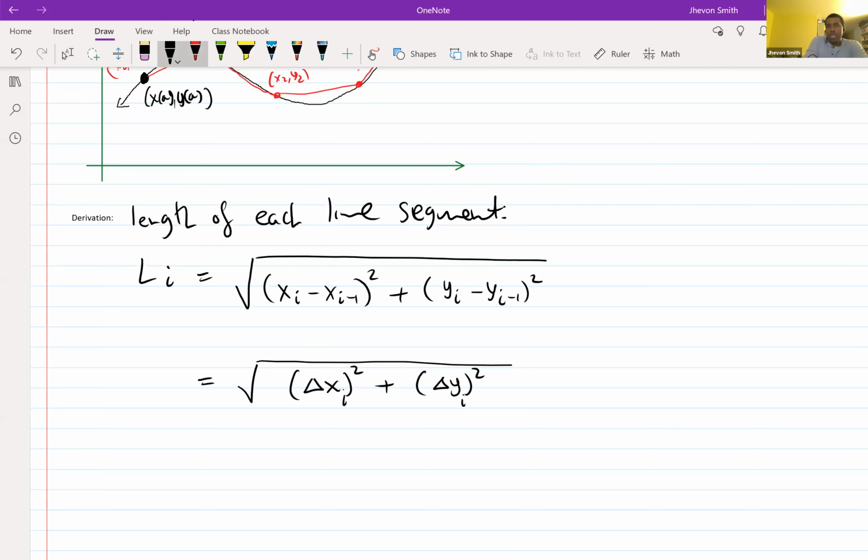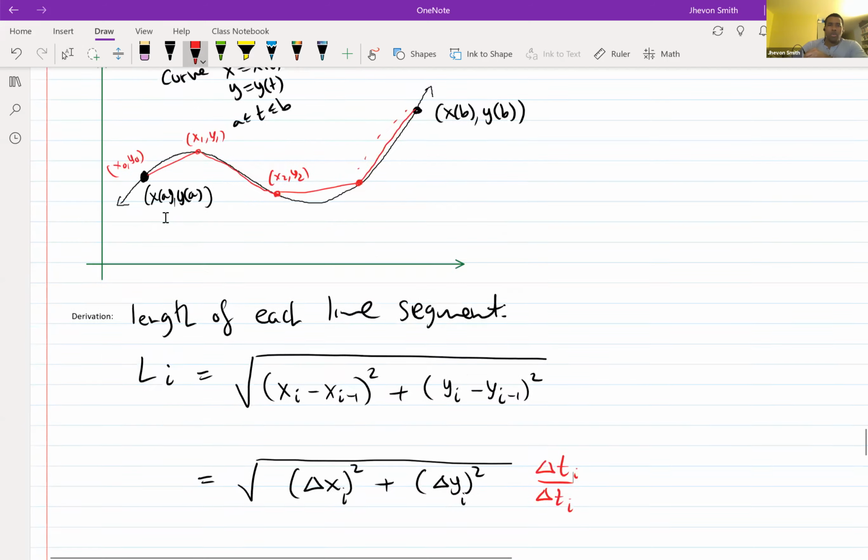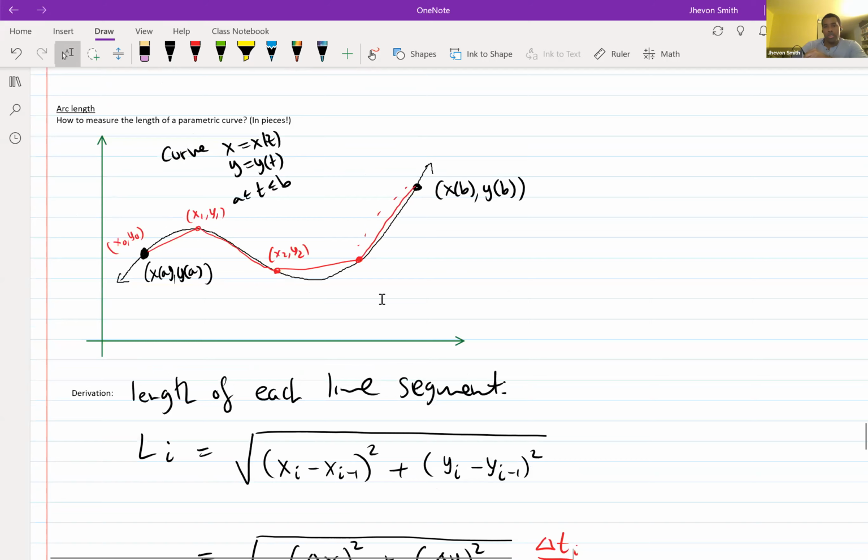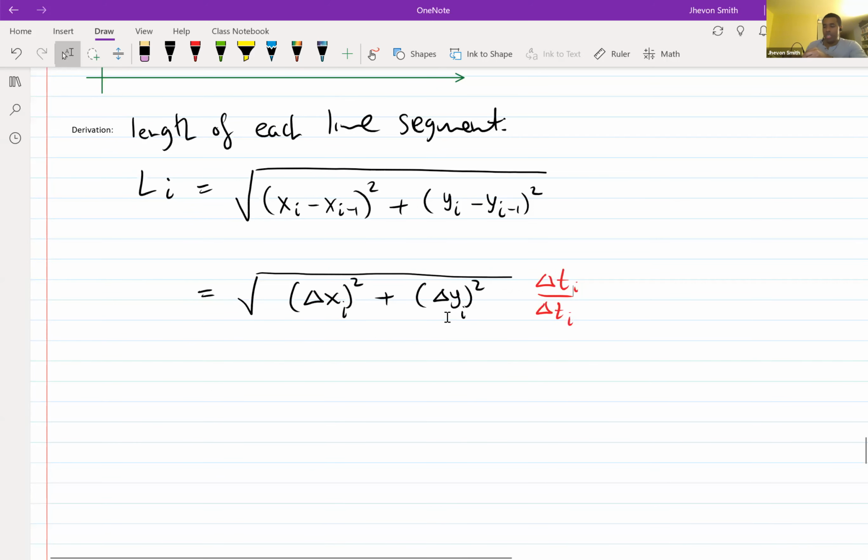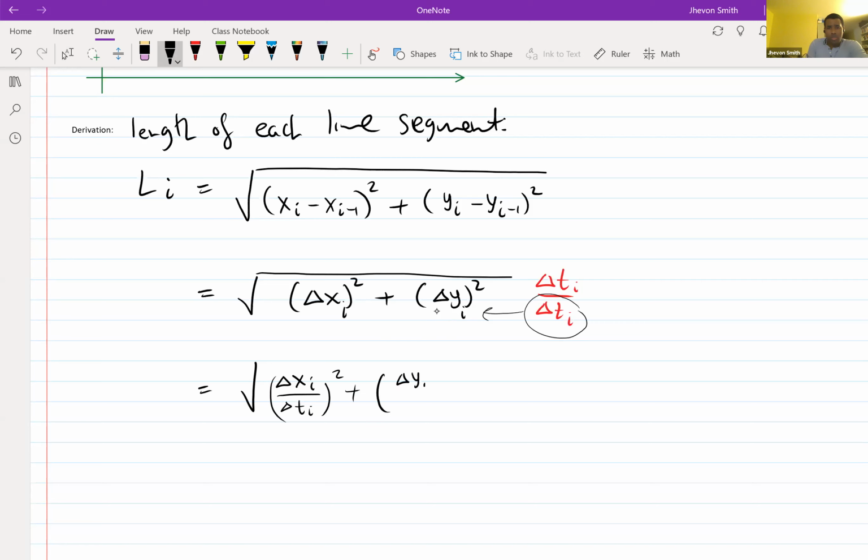And what we can do is multiply and divide by delta t over delta t for the ith location. And that is the change in t values that goes from this point to that point. That's what I'm using here. And I can actually move one of these in there. So I'll take the denominator and move it under the radical, which means I'm going to need to square it to move it under the radical. And out here, I have my delta ti.